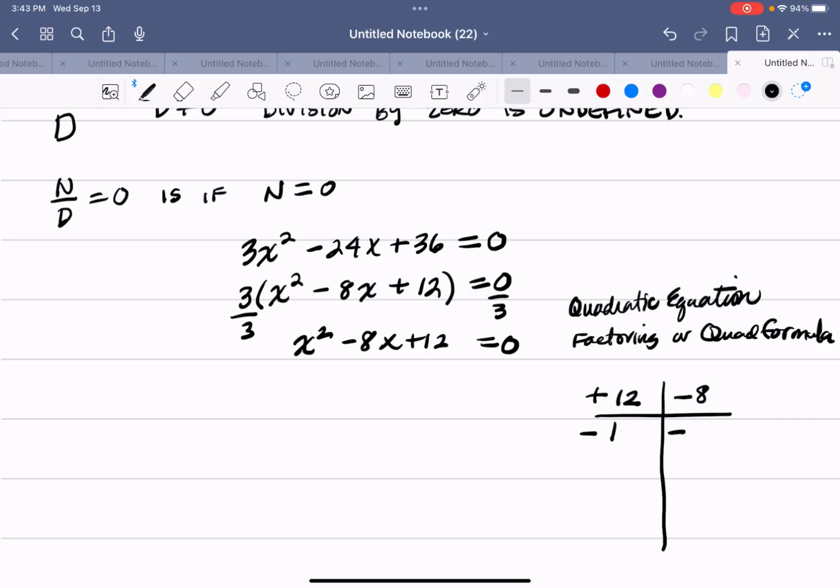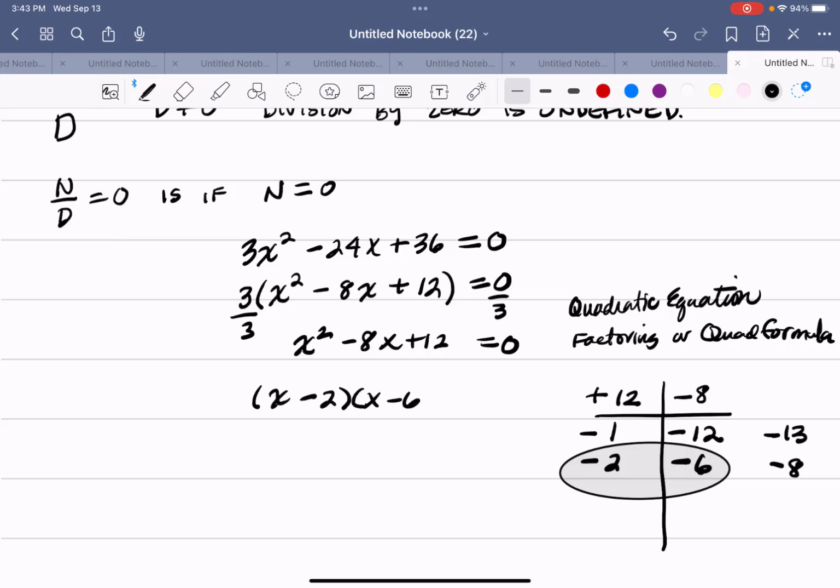So negative 1 times negative 12 is 12, but it adds to negative 13. So that's not it. Negative 2 times negative 6 is 12, and that adds to negative 8. So these are the factors I need. So my factoring becomes x minus 2 times x minus 6 equals 0.